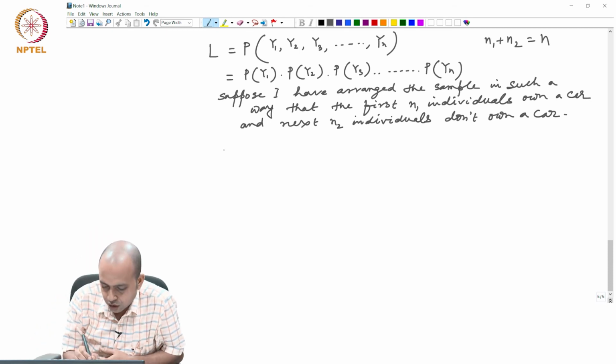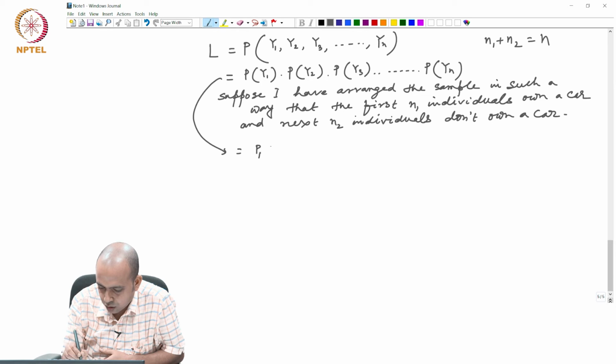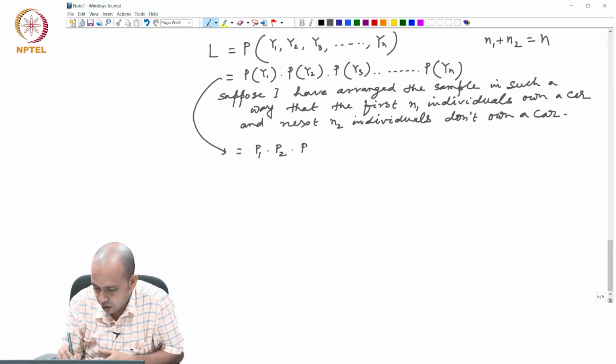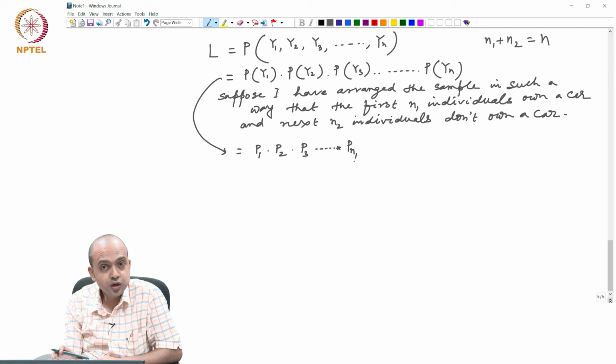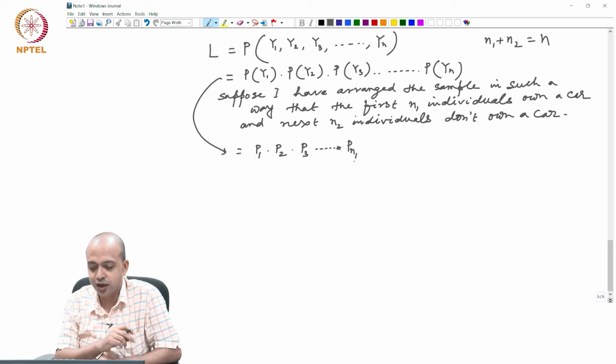So, from here I can write it equals p1 multiplied by p2 multiplied by p3. How long will this continue? Up to p of n1, because the first n1 observations, the first n1 individuals will own a car, that is why p1, p2, p3, dot, p n1.